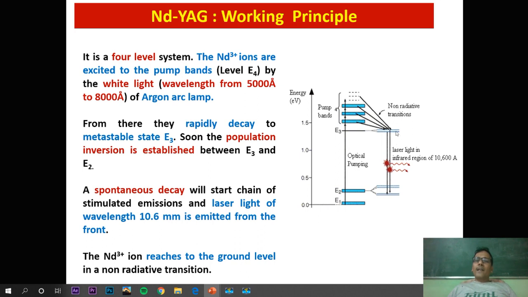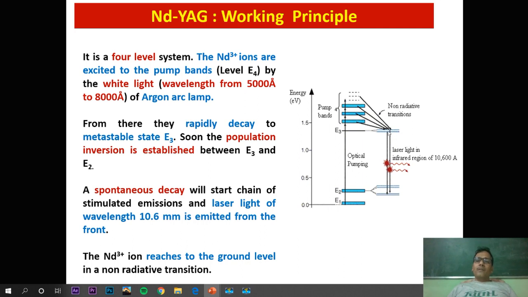These Nd ions accumulate here on E3, the metastable level, and there is some probability of spontaneous transition also. The population inversion condition is now maintained between E3 and E2. Initially E2 is almost empty, so the population inversion condition is maintained here.